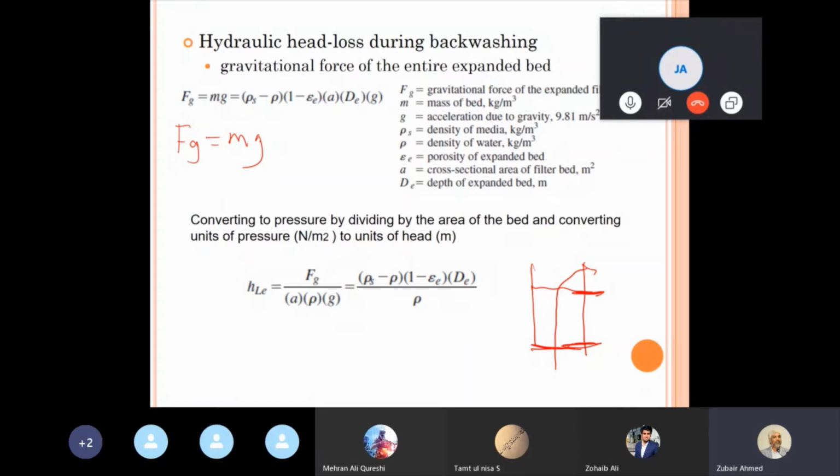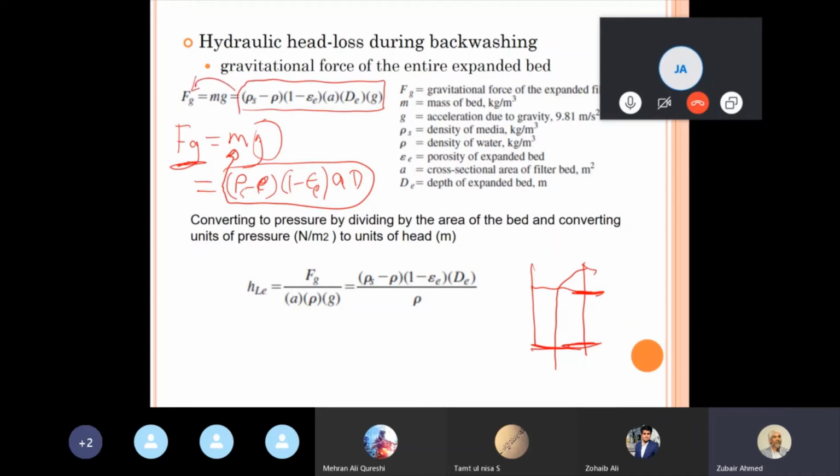If we subtract the density of water from the density of media, for the fraction excluding the expanded bed porosity, over the area A over the depth D, it gives us the mass of the bed. If you multiply with g, we get the gravitational force.